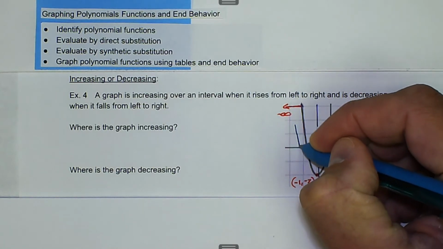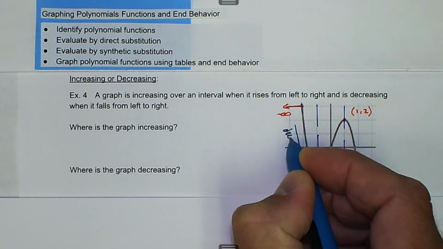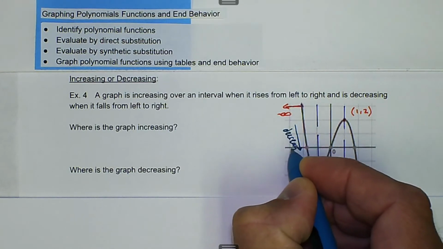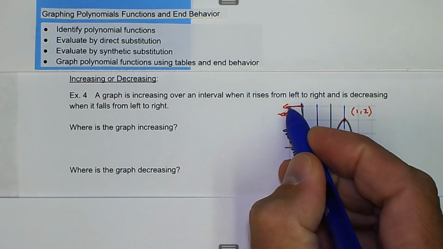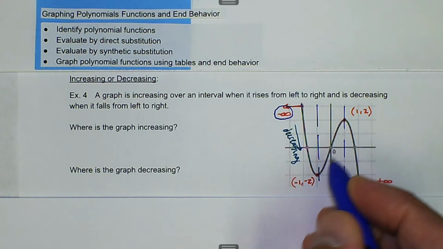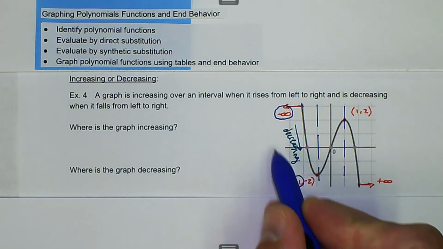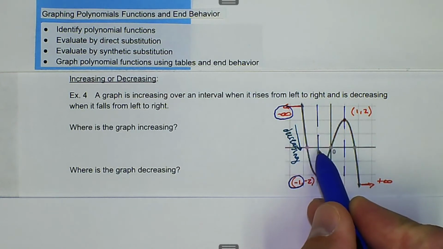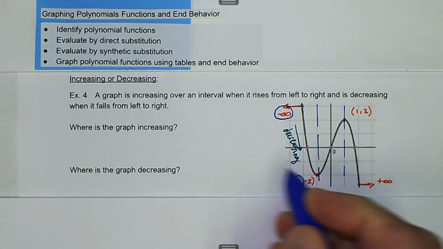So this one's going this way, and that's going to be decreasing. So it's decreasing from -infinity to -1. So from -infinity all the way to -1, our function is going to be decreasing.